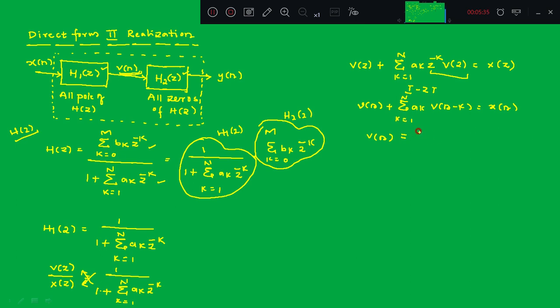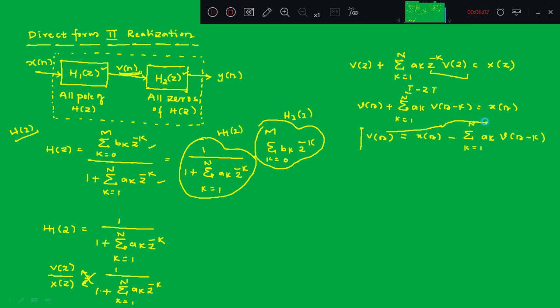So what you will get? Here you will get x(n) minus summation k equals 1 to N a_k into v(n minus k), right? So this is the one equation. Hope you understood, right? And then, this is one equation.